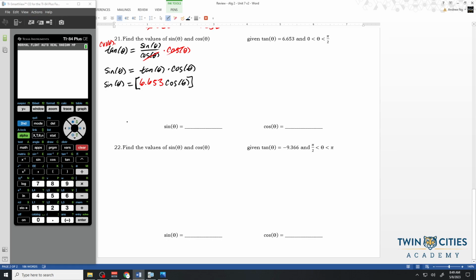So now I'm going to bring this into my Pythagorean identity. And I say sine squared of theta plus cosine squared of theta is equal to 1. Well, I can substitute sine squared of theta for 6.653 cosine of theta, that squared.